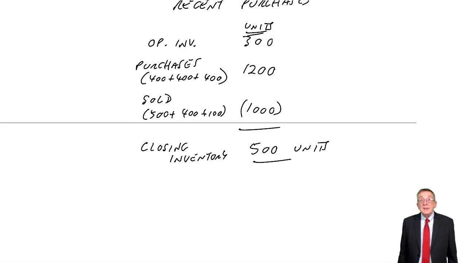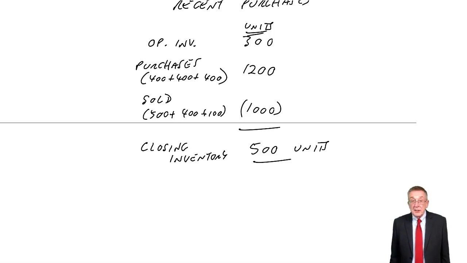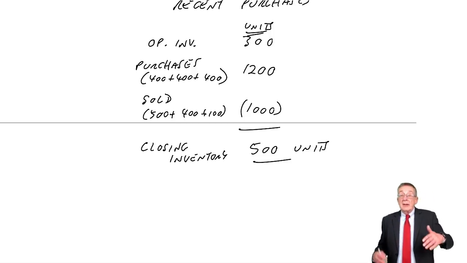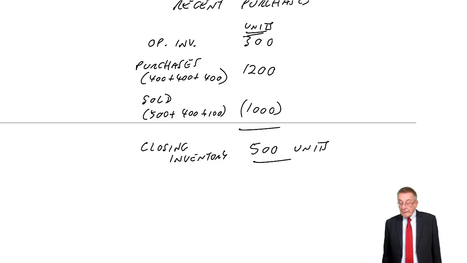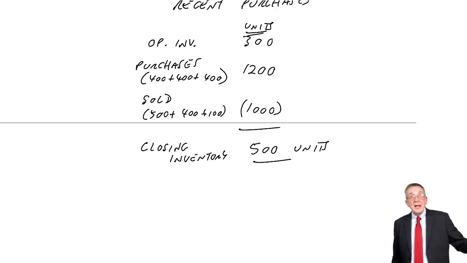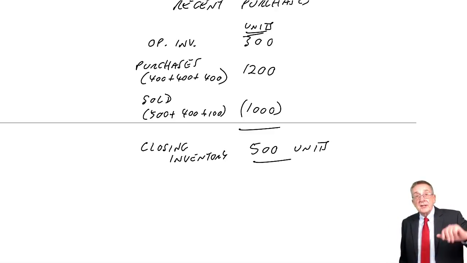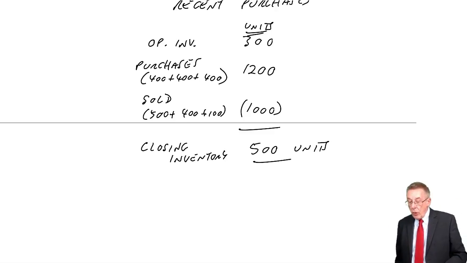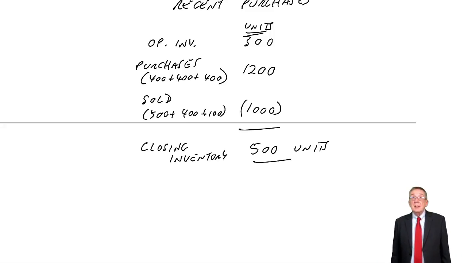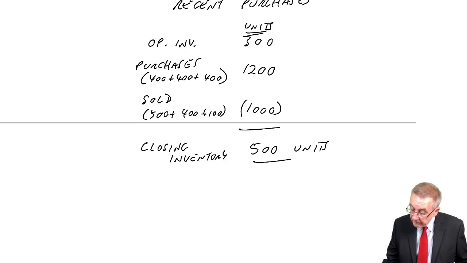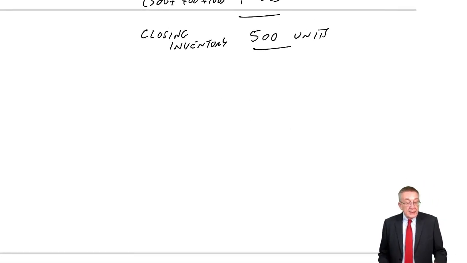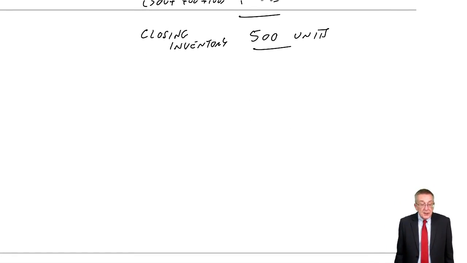And of course our problem is, how are we going to value them? Are they $15, $14, $12.50, whatever? Well, again, our assumption is that if we're always selling the oldest first, the first in and the first out, the 500 left are always the most recent purchases. And so at the end of November, when was the most recent purchase?